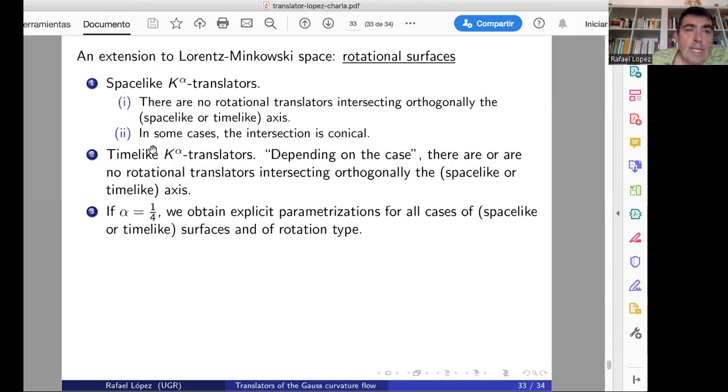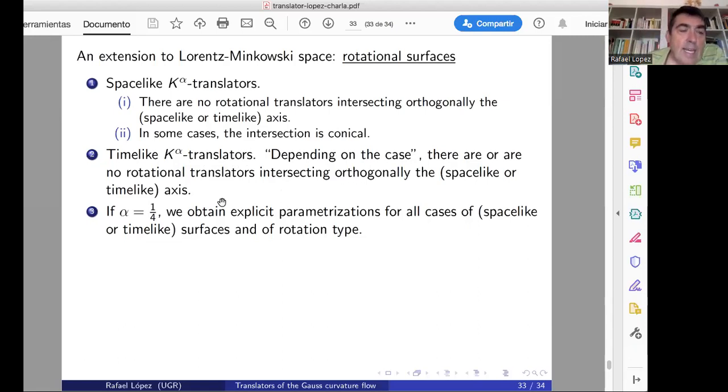If I consider time-like surfaces, then I write depending on the case, because there are two types of parametrization of the surface. In some cases, there are no examples intersecting orthogonally the axis, but for other parametrizations, there are examples.